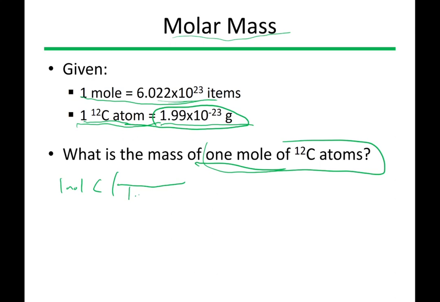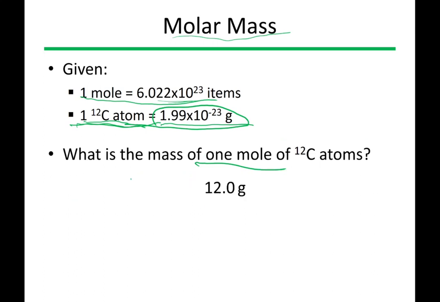So 1 mole is equal to 6.022 times 10 to the 23rd. And then we know that each carbon atom is the same thing as 1.99 times 10 to the negative 23rd grams of carbon. And so the number of atoms will go away, the moles will go away, and we'll see that 1 mole of carbon atoms is the same as 12.0 grams of carbon.